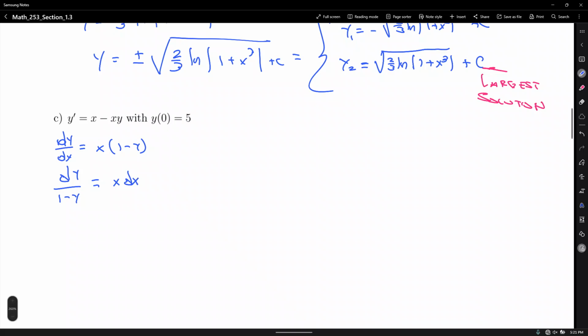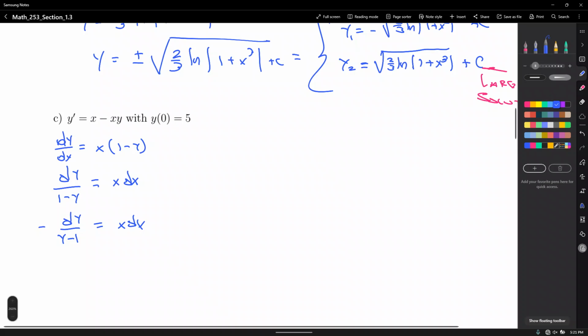So what about the integral on the left-hand side of the equation? Any ideas? ln? Yeah, there's an ln, but for one like this, you may not need to show all the setup because I know there should be a negative sign to compensate. However, what I'm going to do is factor out the negative sign: negative dy over y minus 1 equals x dx.